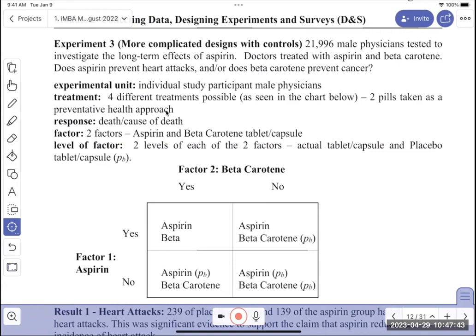Why did they use males for the study, and why did they use physicians? Why didn't they just use anybody? So think about that. Let's take 10 minutes and come back at 11.